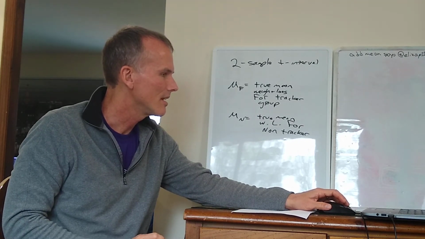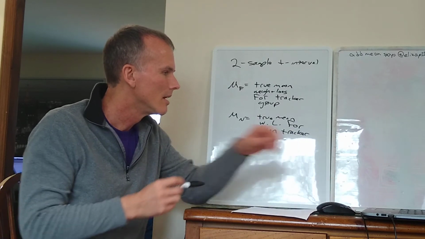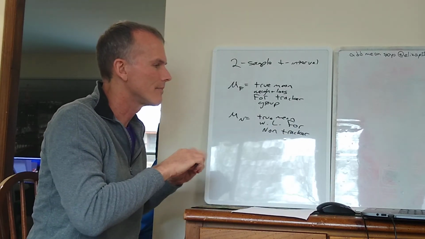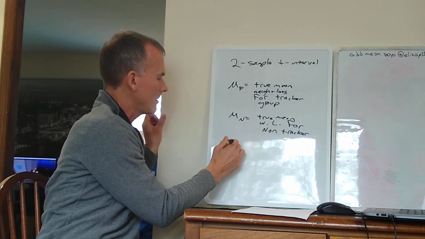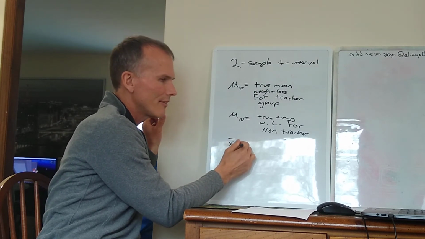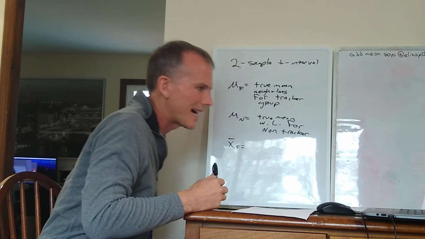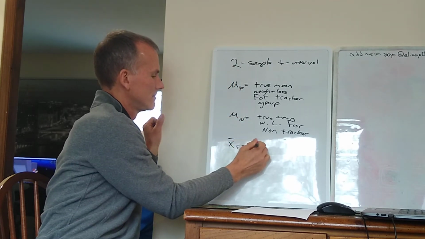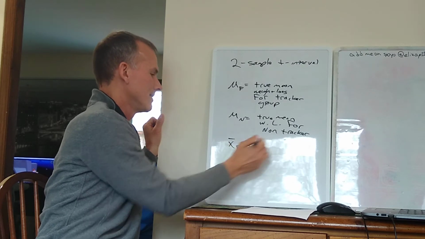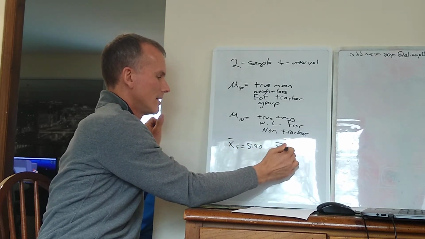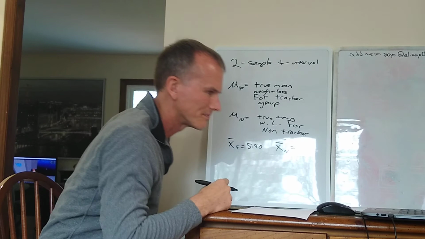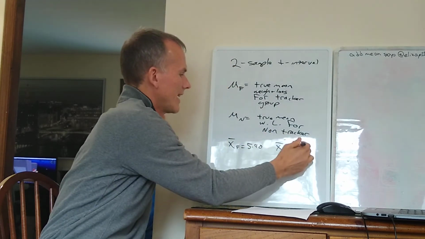All right, so it looks like the sample x bar sub f is 5.90, and x bar sub n, the group without the fitness trackers, is 3.50.